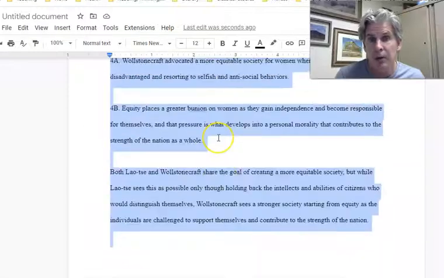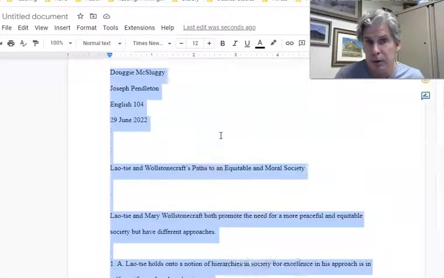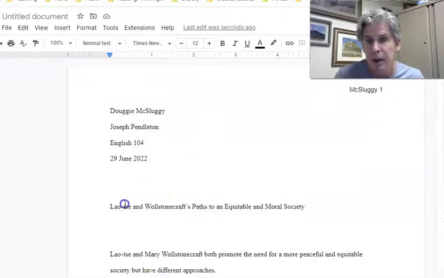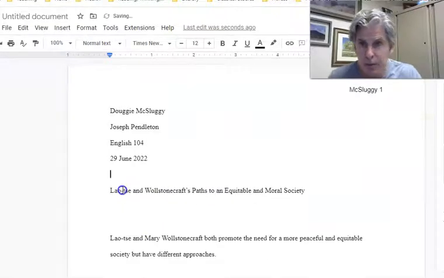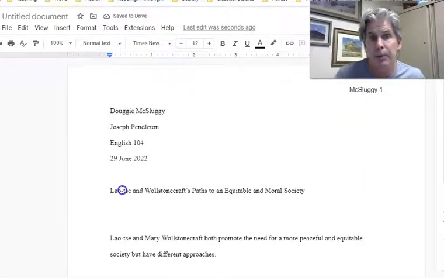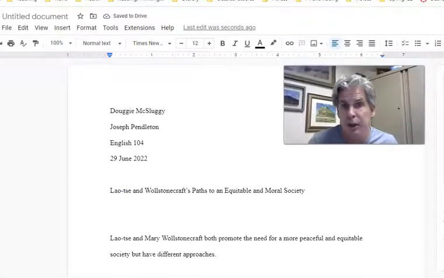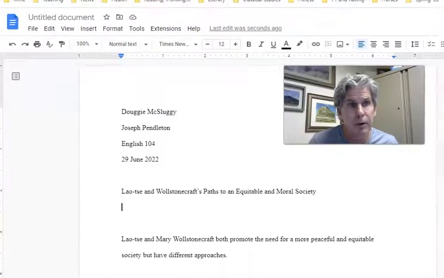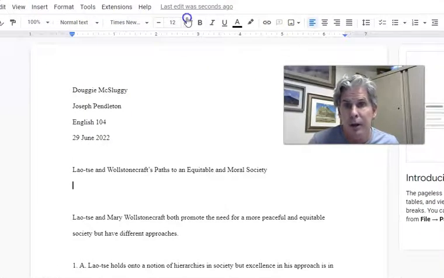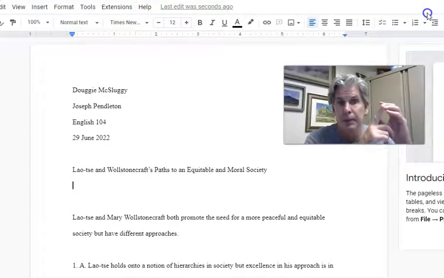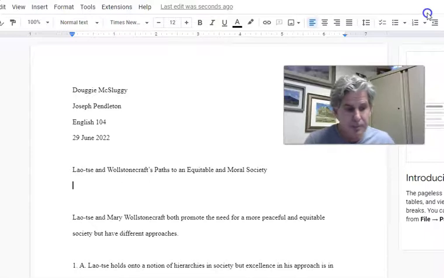Okay. Now let's go through and get rid of all these extra returns. Okay. And let's get rid of some of these. Now for you Word people, if you're operating in Word, you will see, and this is a little bit of advice, I strongly recommend, I was an editor for a number of years, there is a little symbol up here on your toolbar where it's like a backwards P. It's backwards.